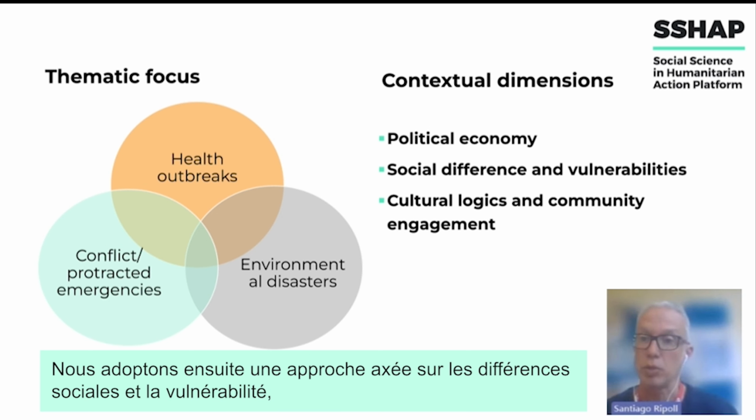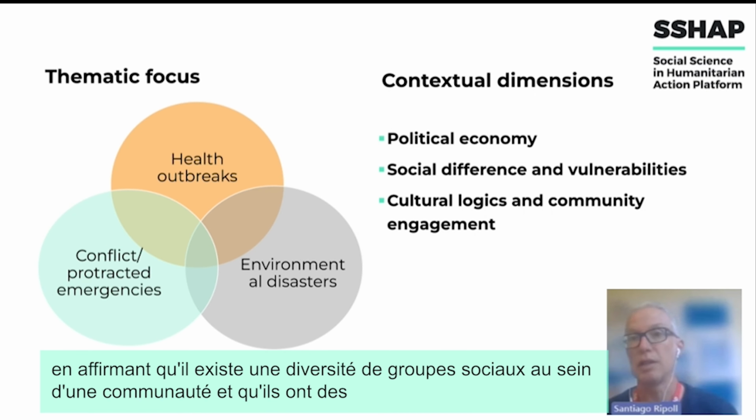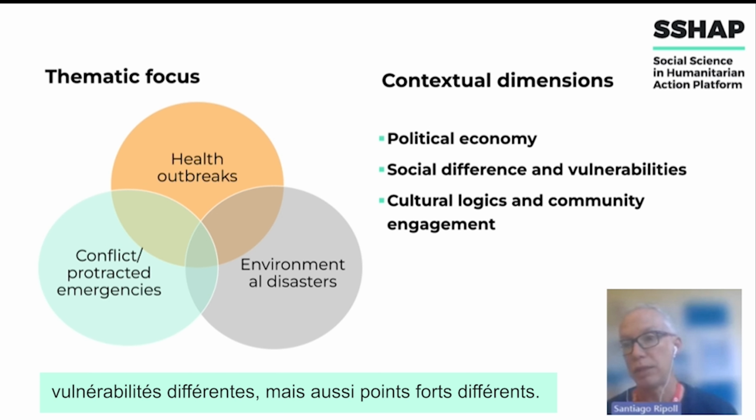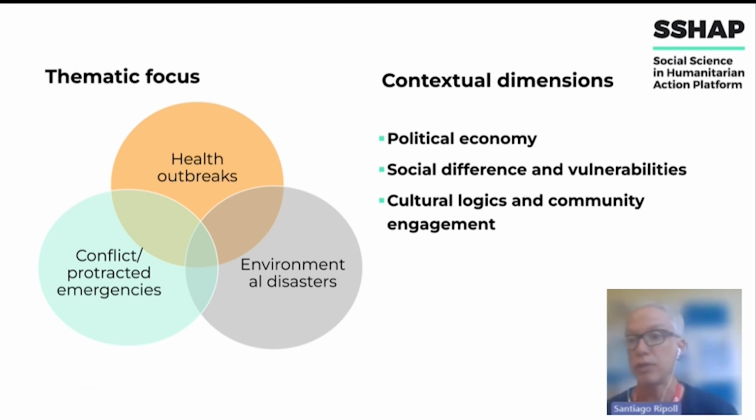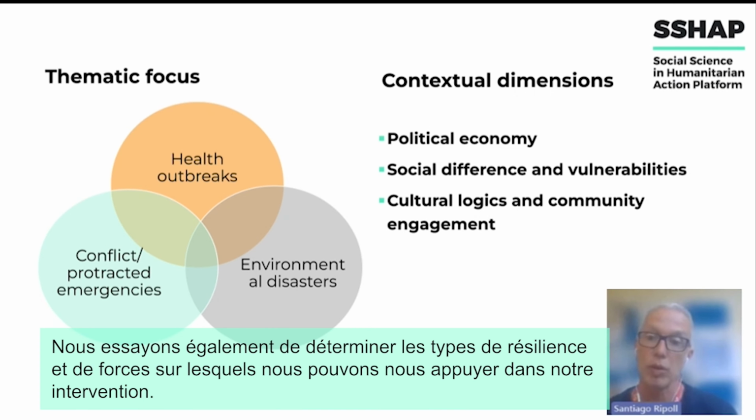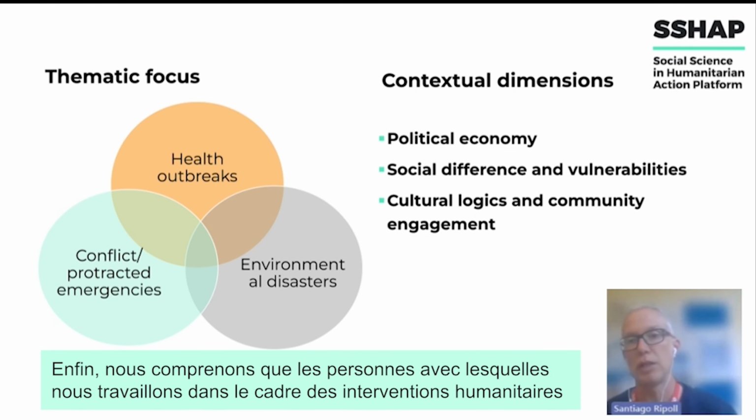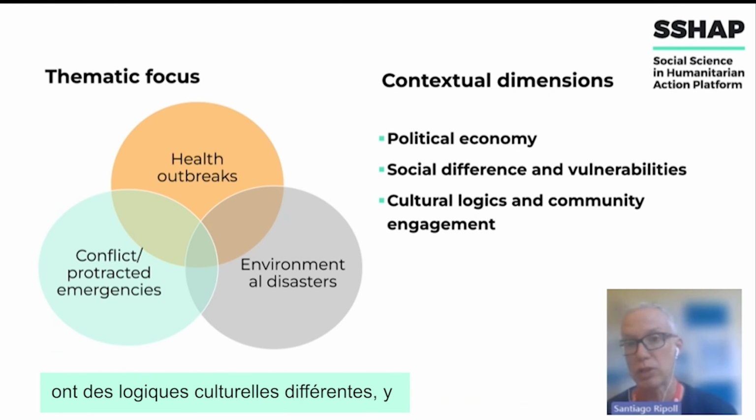Then we take an approach around social difference and vulnerability, saying that there is a diversity of social groups within a community and that they have different vulnerabilities, but at the same time they have different strengths. We're also trying to see what are the types of resilience and strengths that we can build on in our response. And then finally, we understand that the people we work with in humanitarian action have different cultural logics, including the responders themselves.